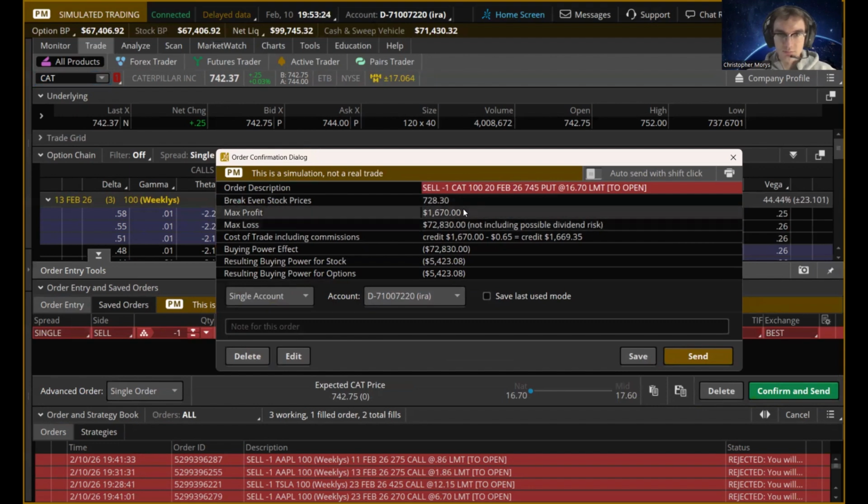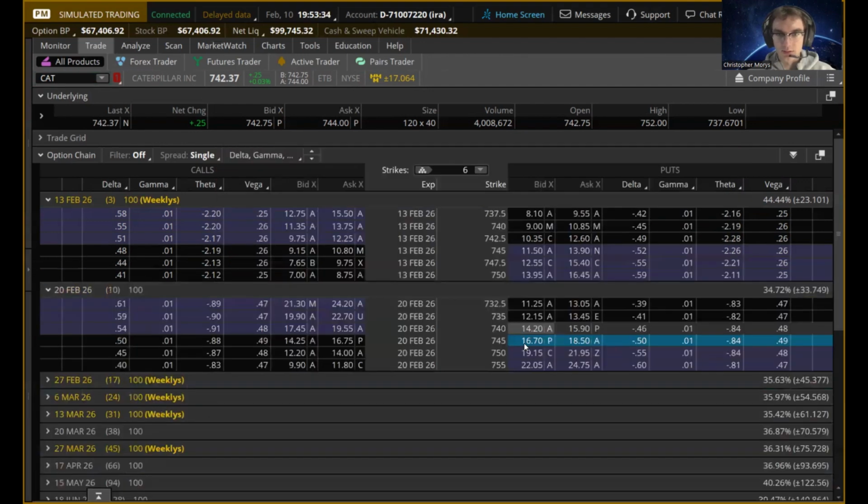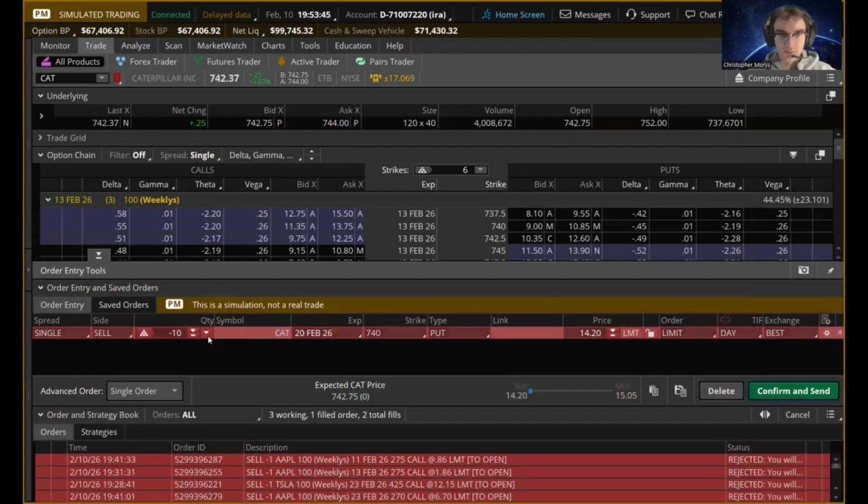Or actually, this is a pretty bad trade. The reward to risk ratio is not that appealing to me. Maybe change the strike price to 174.